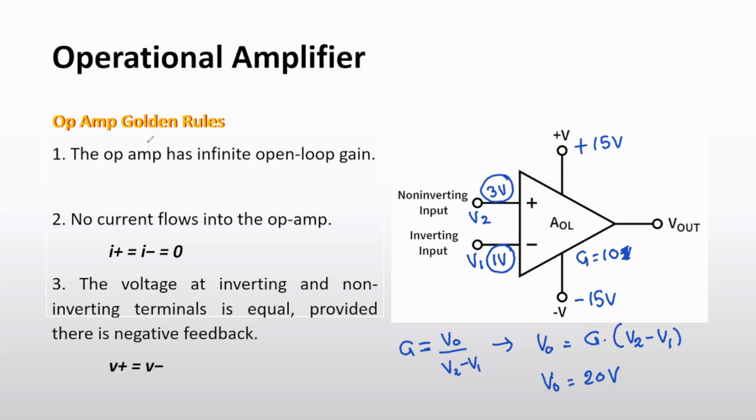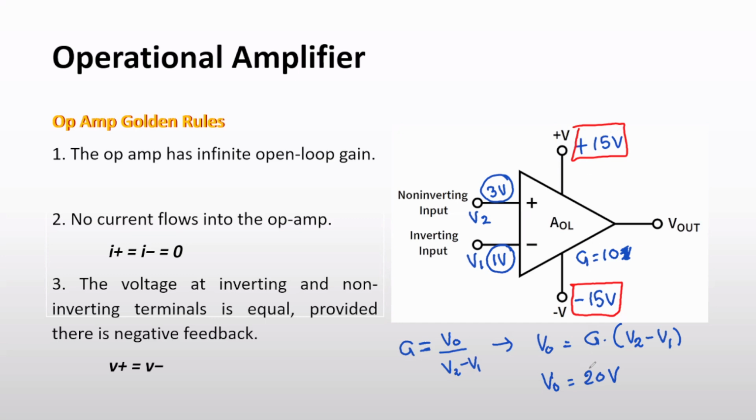That means if you supply the supply voltage in between plus 15 volts and minus 15 volts, then this voltage out should be in between these two values. But you can see in this case, this 20 volt has exceeded this 15 volt.